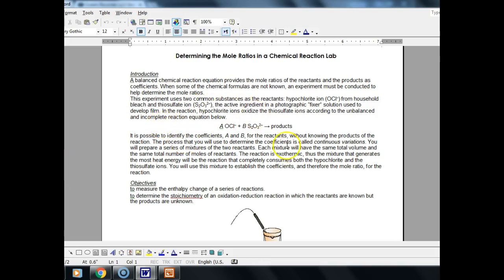So we did this by varying the amounts of each reactant that we added. It's called continuous variations. We kept the same volume in large part because if we keep the same volume, we don't have to account for the fact that if they had started at different temperatures, that might have affected how much heat was generated.